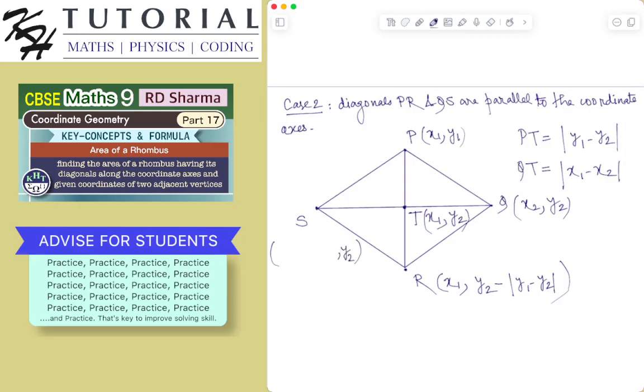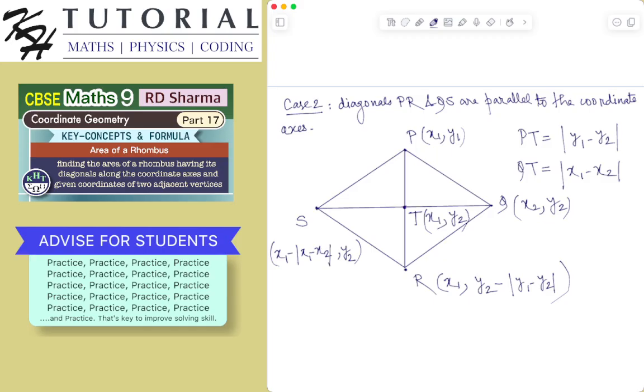What will be its abscissa? Since in this diagram the vertex S is to the left hand side of the diagonal PR, or to the left hand side of the point T, its abscissa will be x1 minus the absolute value of x1 minus x2.